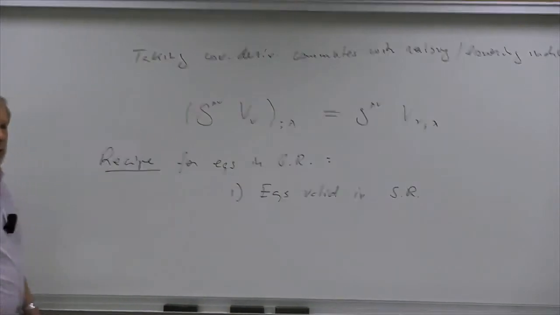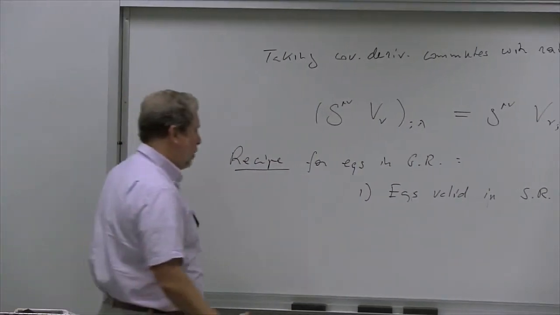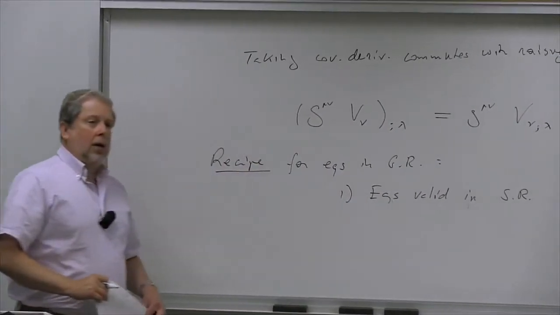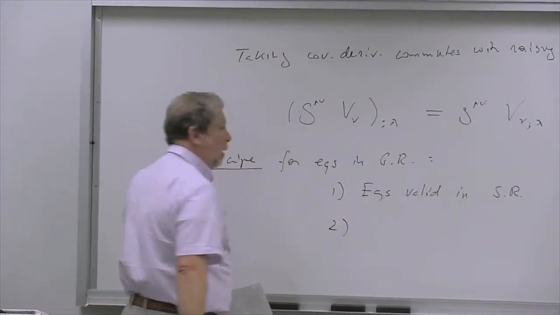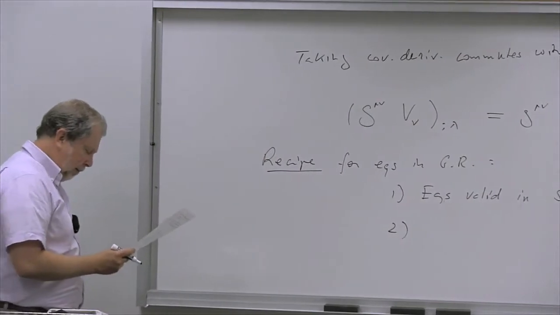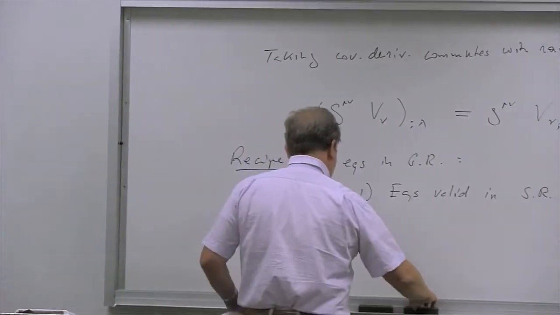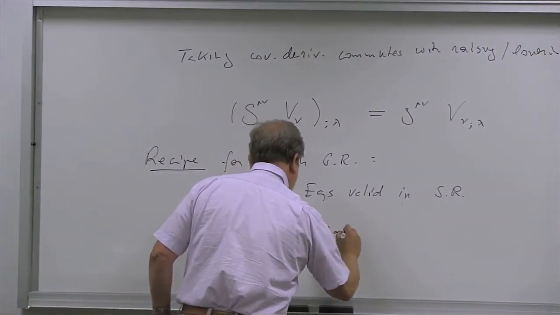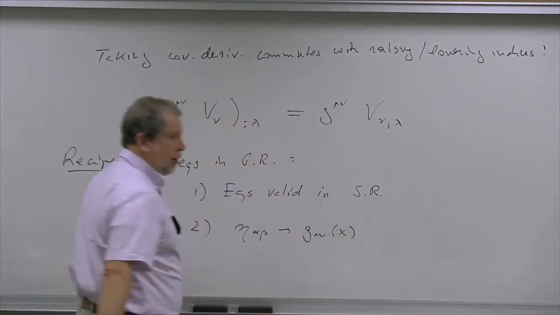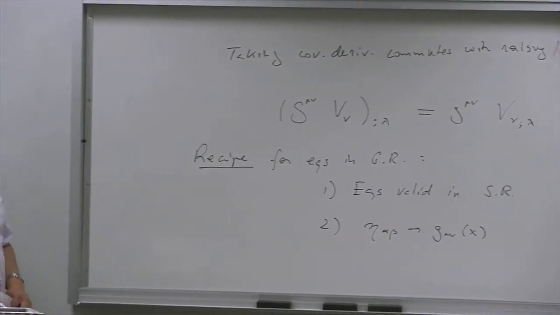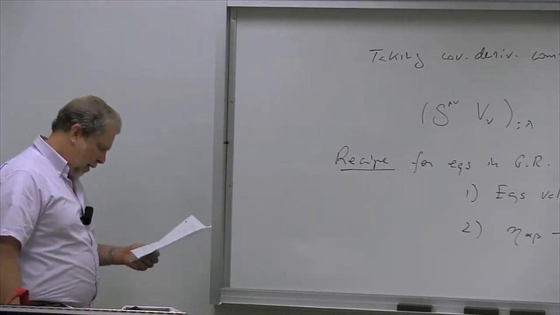And the second thing that you require is that the equations be generally covariant. So you are going to take the metric eta alpha beta, and you're going to promote that to a g mu nu, which in general depends on x, which is of course not the case for the eta.